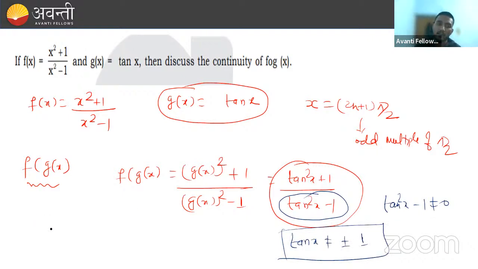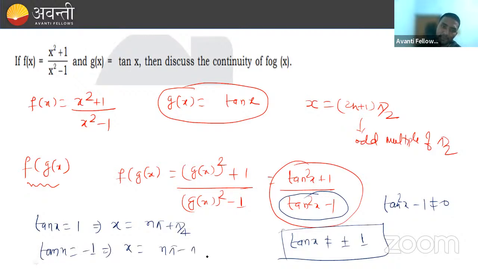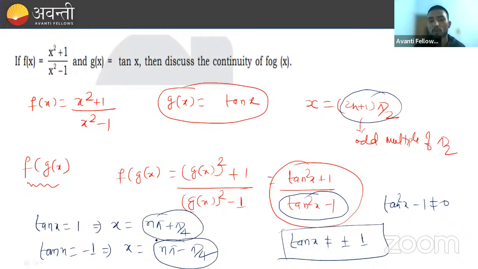So I have to check when tan x equals 1. The general solution, you know, is x equals n pi plus pi by 4. And if tan x equals minus 1, the x value is n pi minus pi by 4. So you can see x can't be an odd multiple of pi by 2, it can't be n pi plus pi by 4, and it can't be n pi minus pi by 4. Except these points, everywhere it will be continuous. Okay, is it clear, everyone?